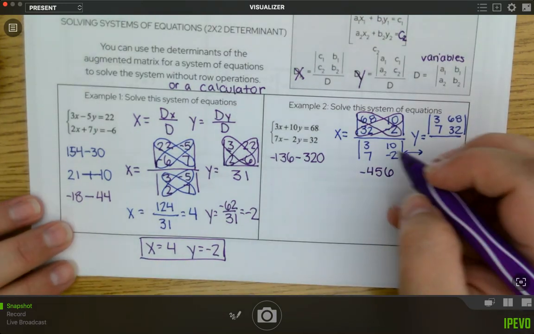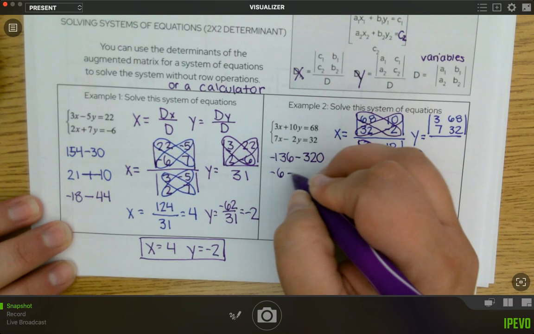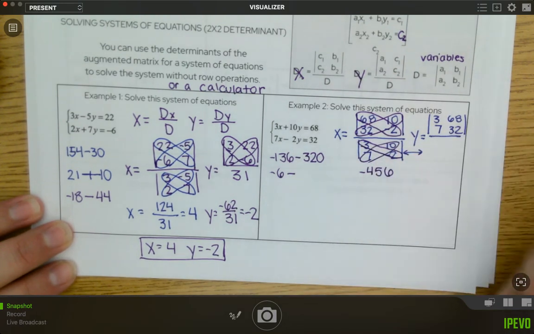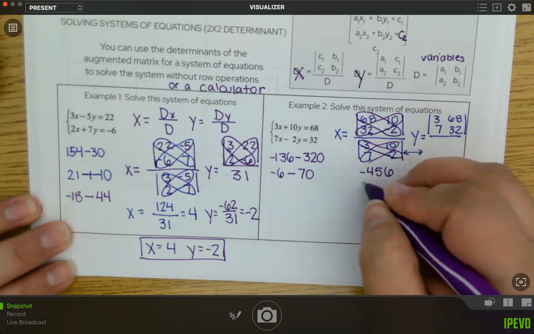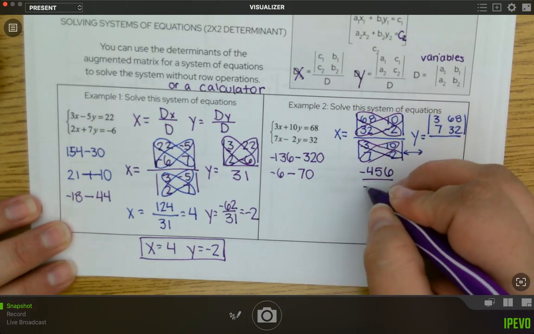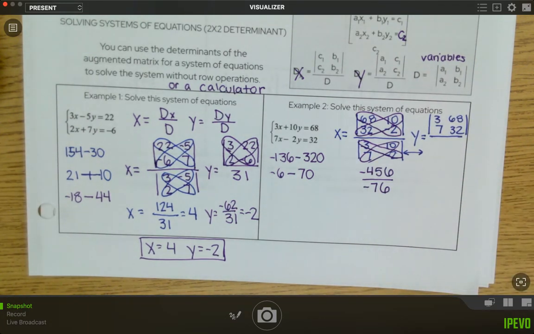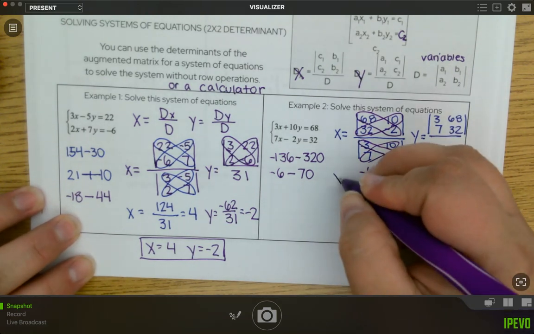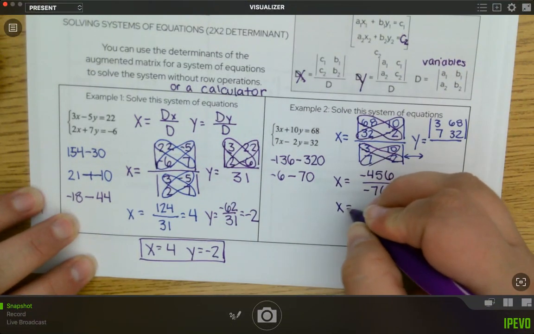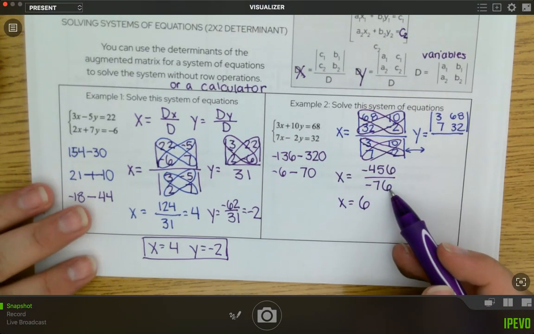Then on the bottom we have -6 minus 70. And -6 minus 70 is -76. And -456 divided by -76 is 6, guys. All you have to do is take out a calculator and calculate it out.